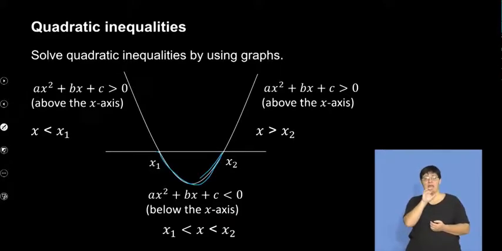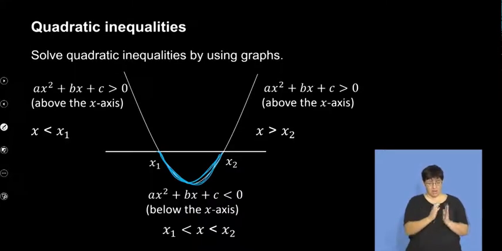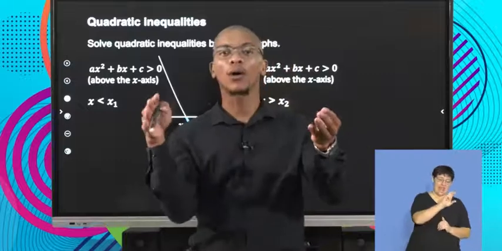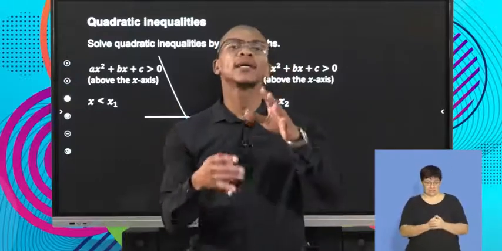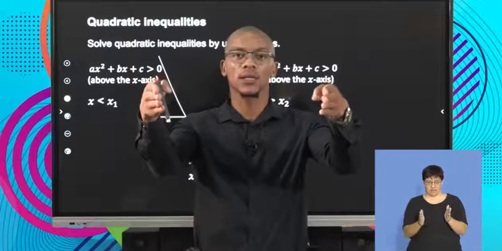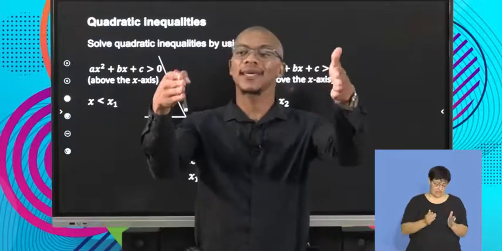So my x values will be greater than x1 and less than x2. So it's like it is in between two values. Now that's where the difference between the "and" and the "or" comes in, right? The "and" means that it is trapped between two values. It is between this and that.